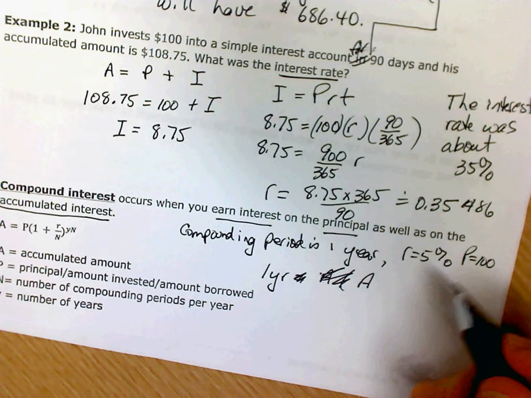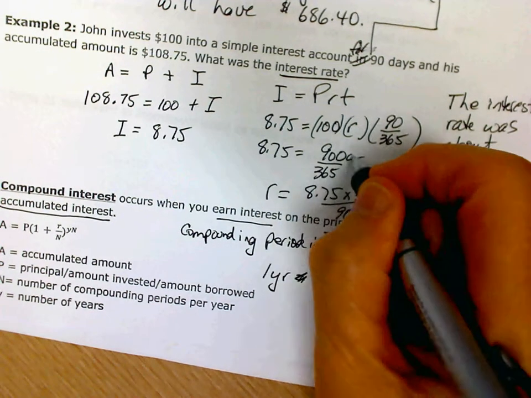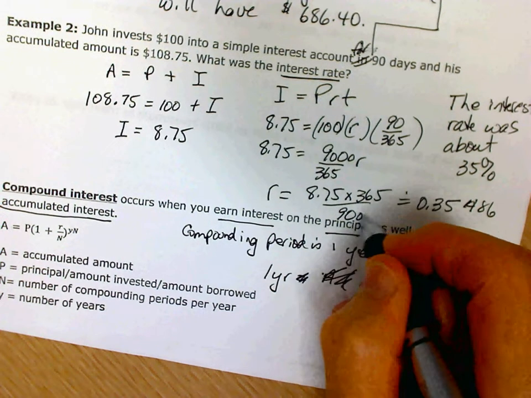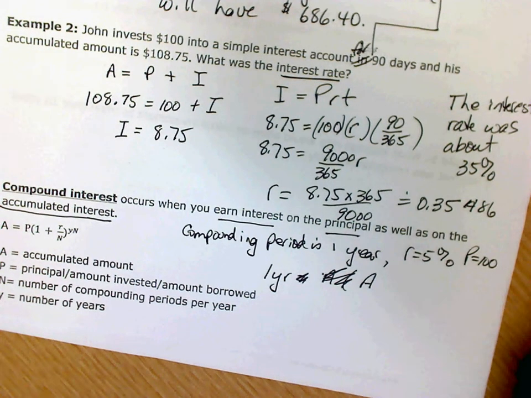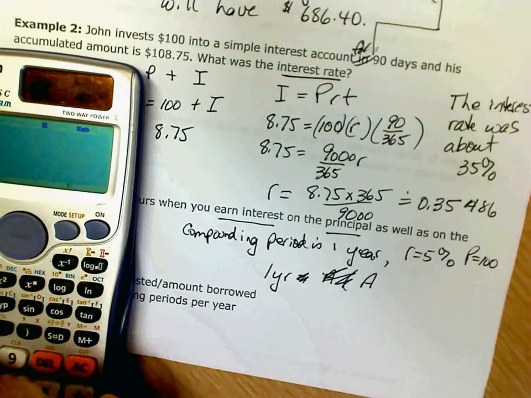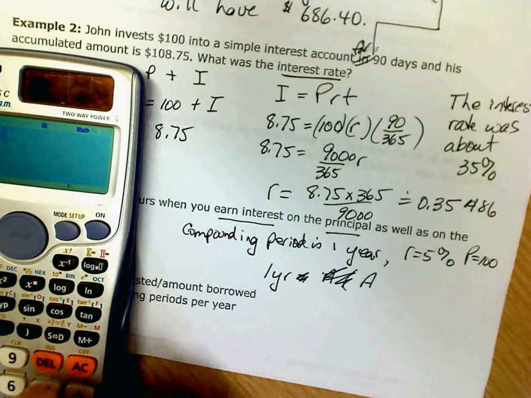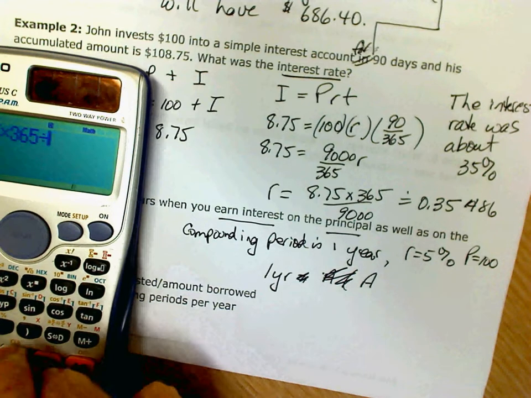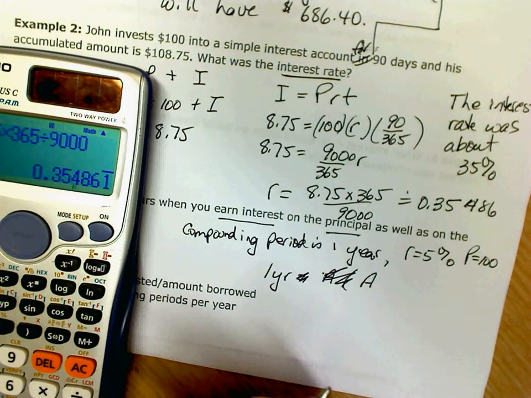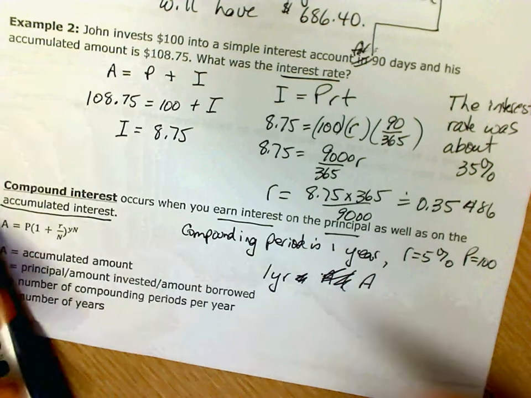Oh, it should be 9,000. So we have to divide by 9,000. Senior moment. You're absolutely right. I'm going to calculate just to make sure: 8.75 times 365 divided by 9, 1, 2, 3. Yeah. Thank you for correcting that.